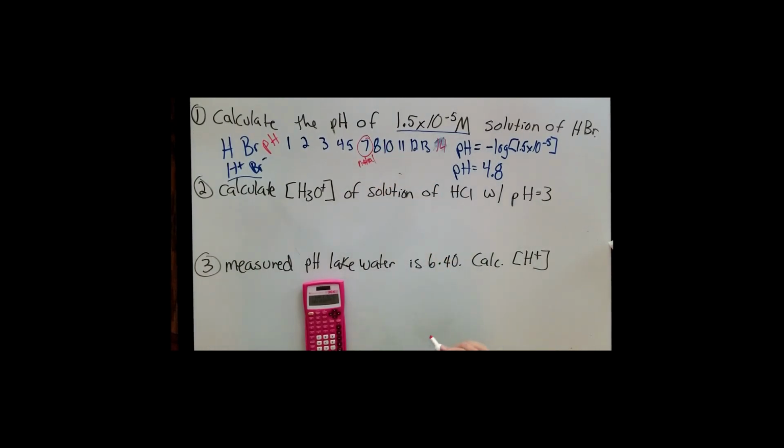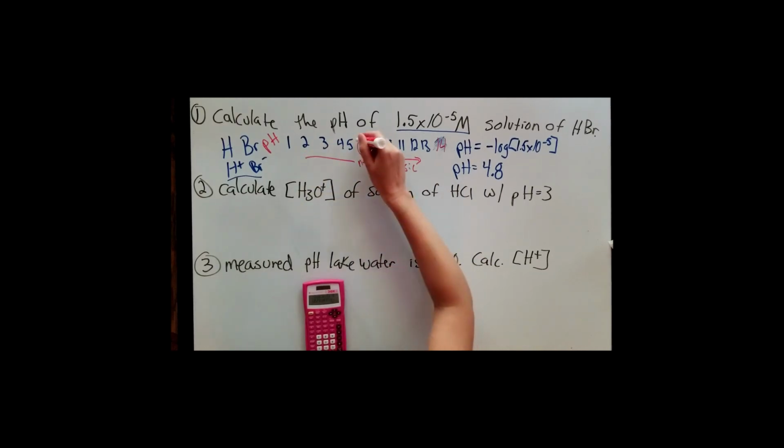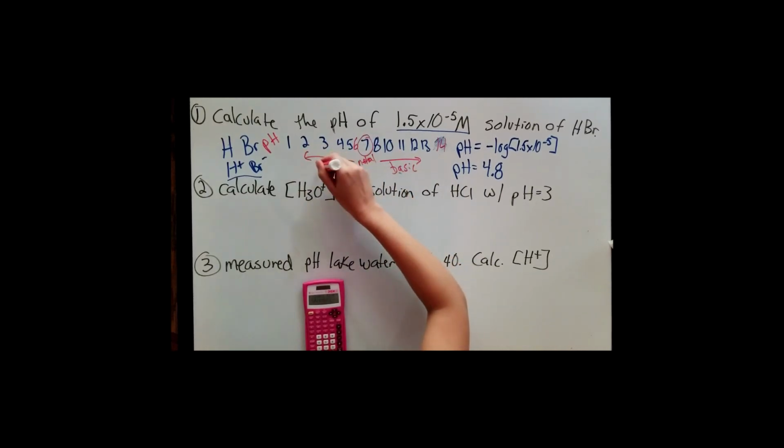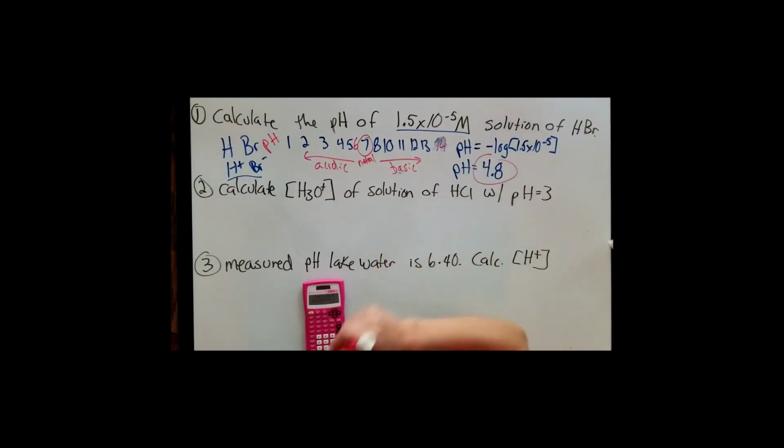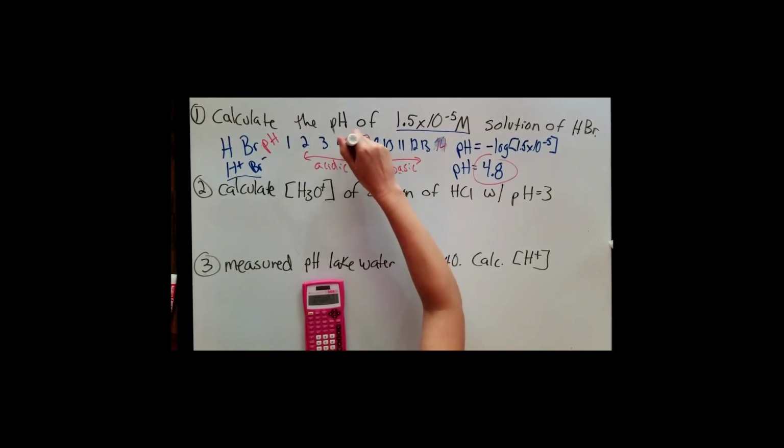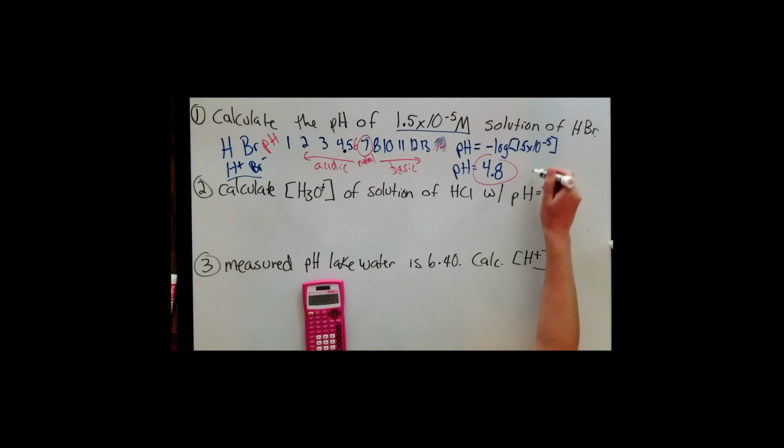I know I spelled neutral wrong. Higher than 7 is basic conditions. Lower than 7, I see I missed a 6 there, is acidic. So the pH of this compound, HBr, falls right in between. So it is acidic.